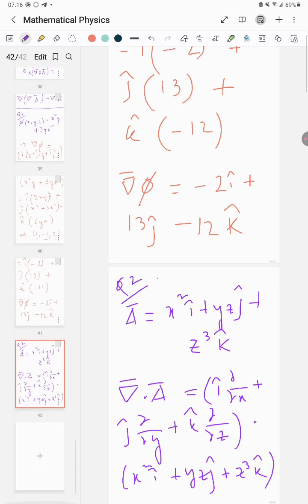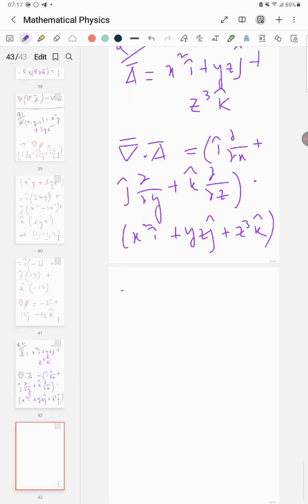If we operate this operator on A, del x of x square is 2x, plus del y of yz is z, plus del z of z cube is 3z square. And divergence always gives a scalar quantity, so this is indeed a scalar because it has no direction, just magnitude.